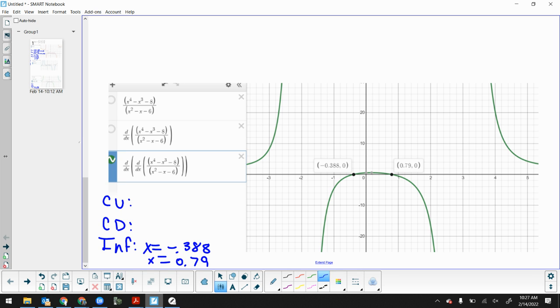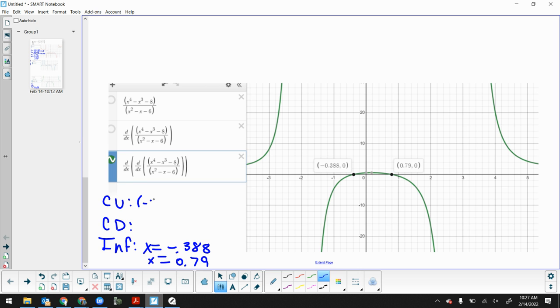Now, you can use your original graph to kind of see whether it's concave up or concave down. But remember that if it's above the x-axis, then it's concave up, right? If it's below the x-axis, then it's concave down.